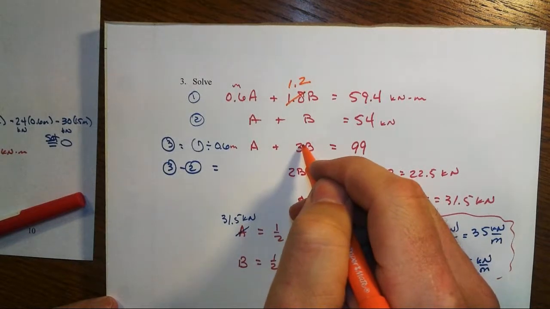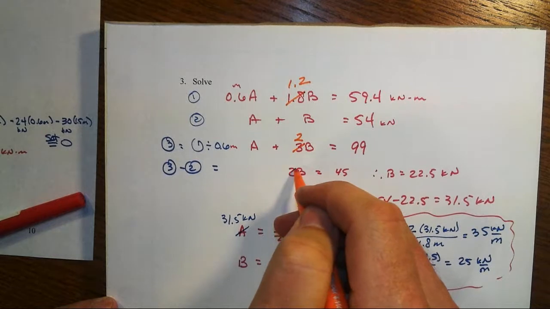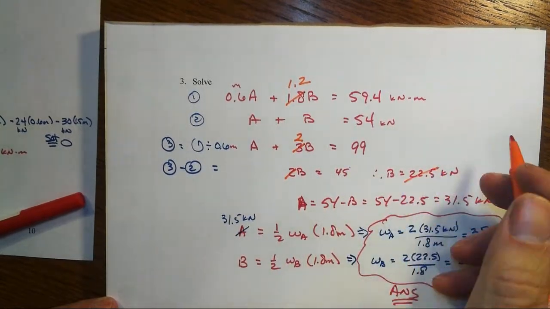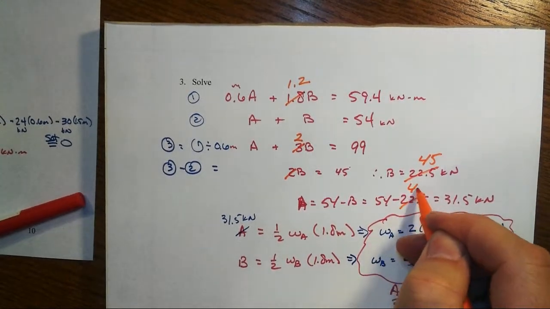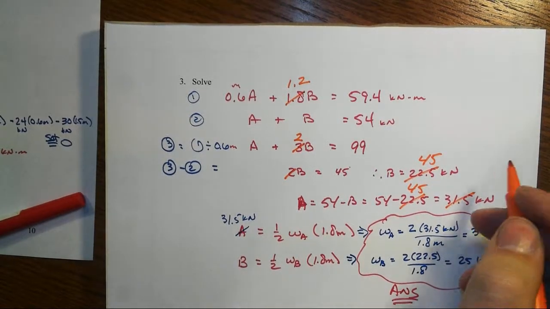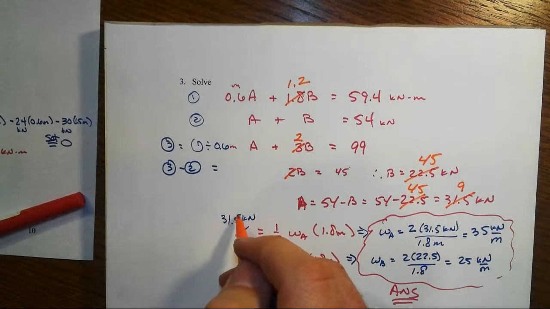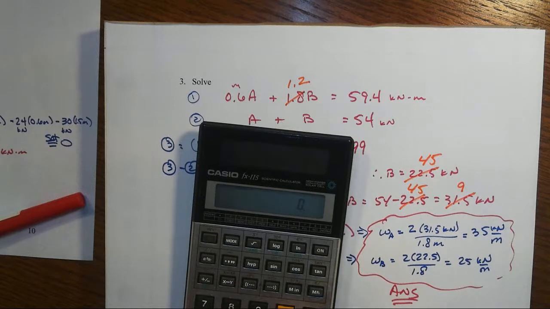That's going to change this to be 2. It's going to change this to be 1. And that means B is not 22.5, but 45, right? And so that makes A go down to 9. Boy, that changes the values quite a lot, doesn't it?